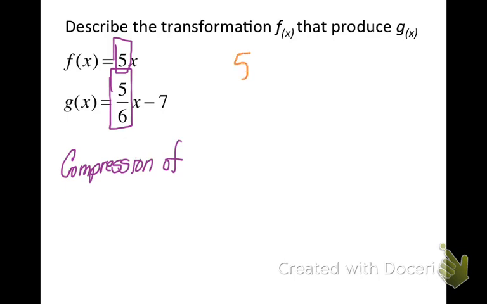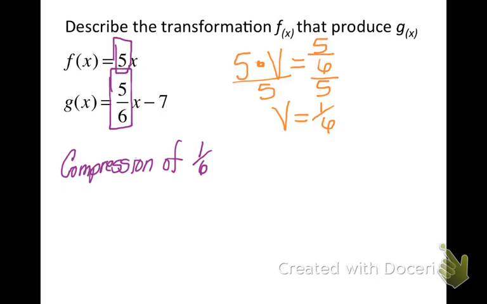If I took my slope and multiplied it by something, let's just call it v, some value that I'm compressing by, I got 5/6. So if I solve this for v, I would get that my compression was 1/6. So I had a compression from f of x to g of x of 1/6.